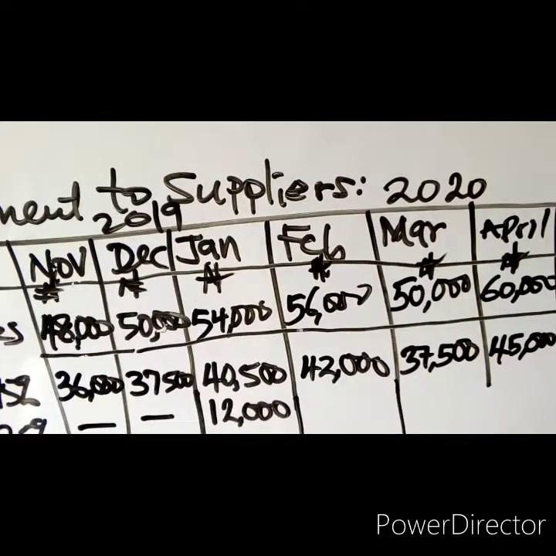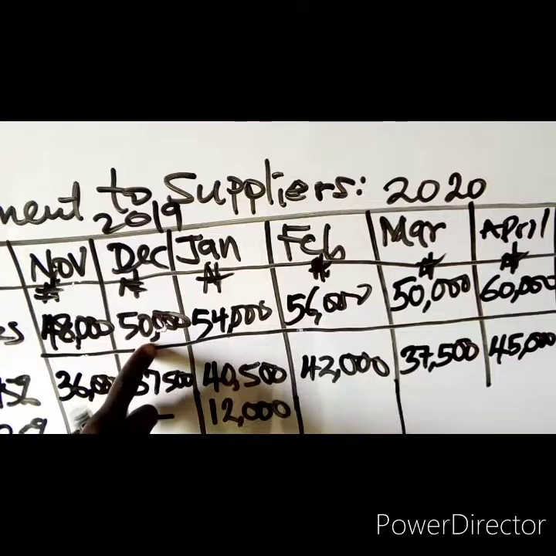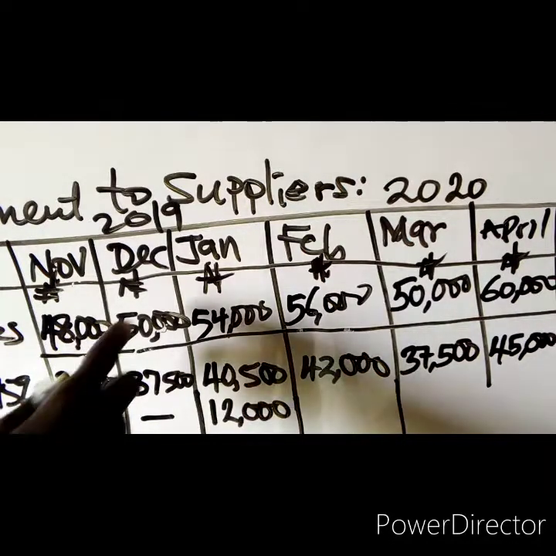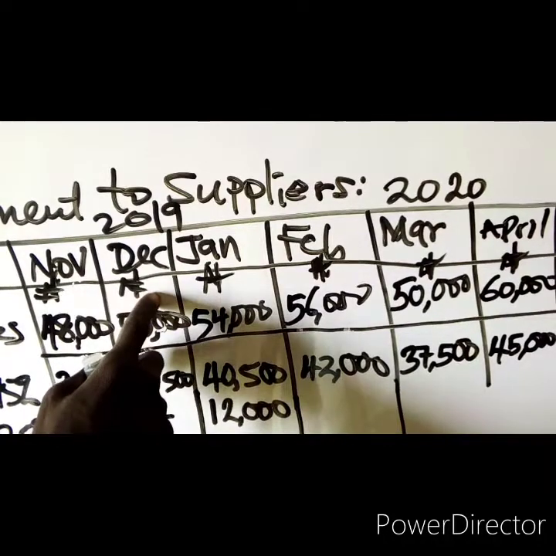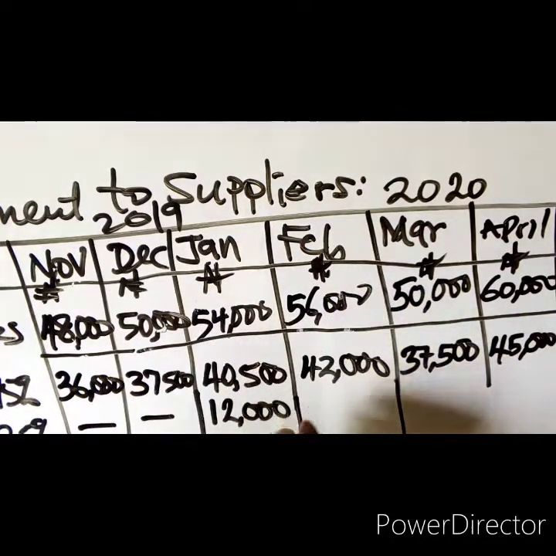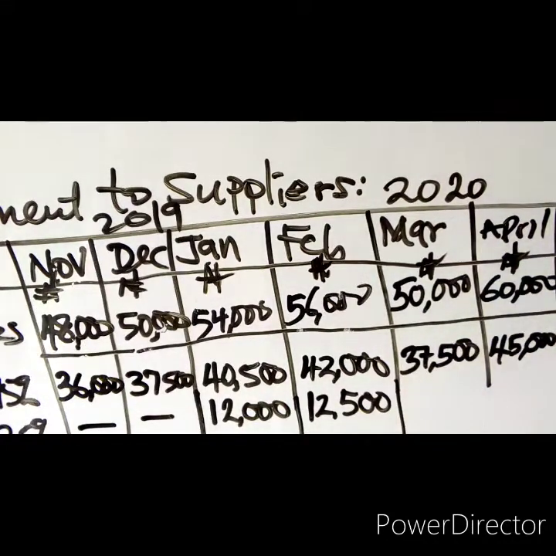Then for December purchases, 2 months after December, we have January, February. 25% of 50,000 is 12,500, paid in February.